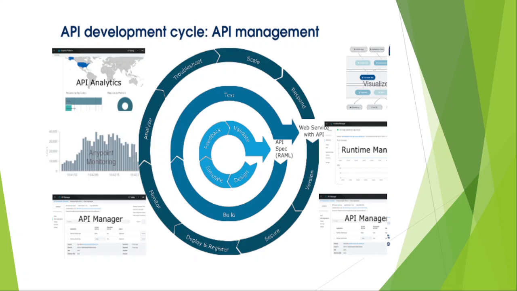You can deploy to CloudHub. Once it is done, if some issue happens, we will do troubleshooting. In case scaling is required, scaling means we want some more instances, we can do horizontal scaling and vertical scaling. These all steps completed and our API is ready for working perfectly.